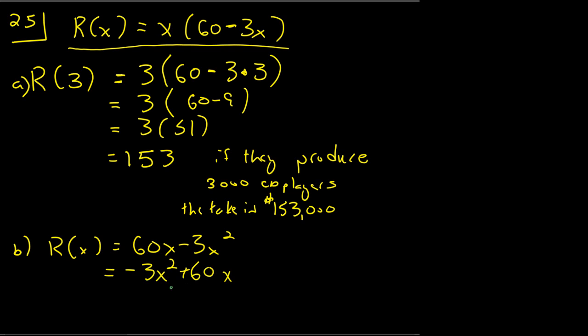And we're going to realize that x is maximized when the x value, I'll put max for there, is negative b over 2a, which in this case is negative 60 over 2 times negative 3, which is negative 60 over negative 6, or 10.